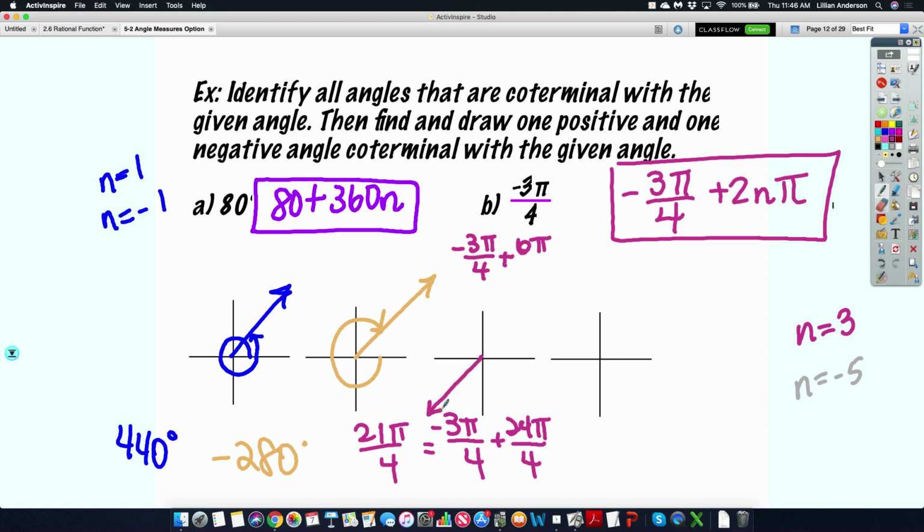So to draw this 21 pi over 4, I need to start on the positive x-axis. I need to go counterclockwise 3 times: 1, 2, 3, and then I need to end at my angle.